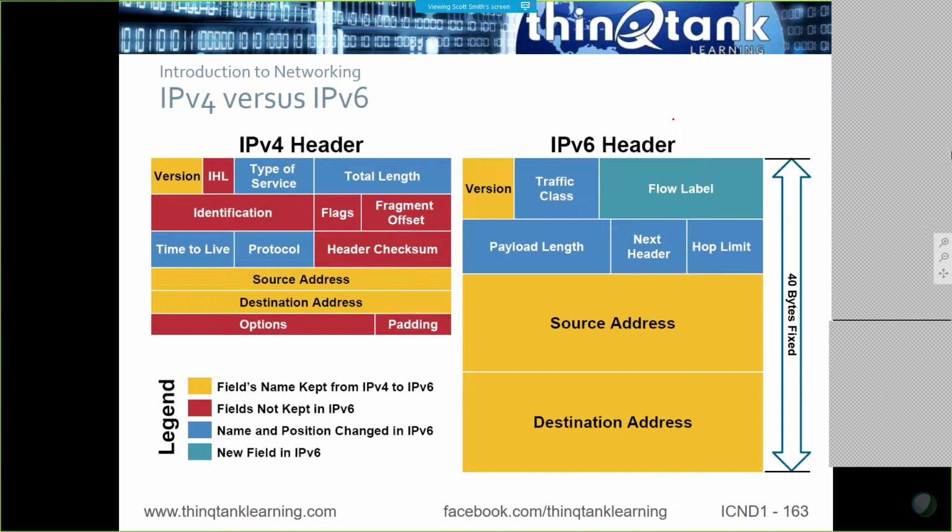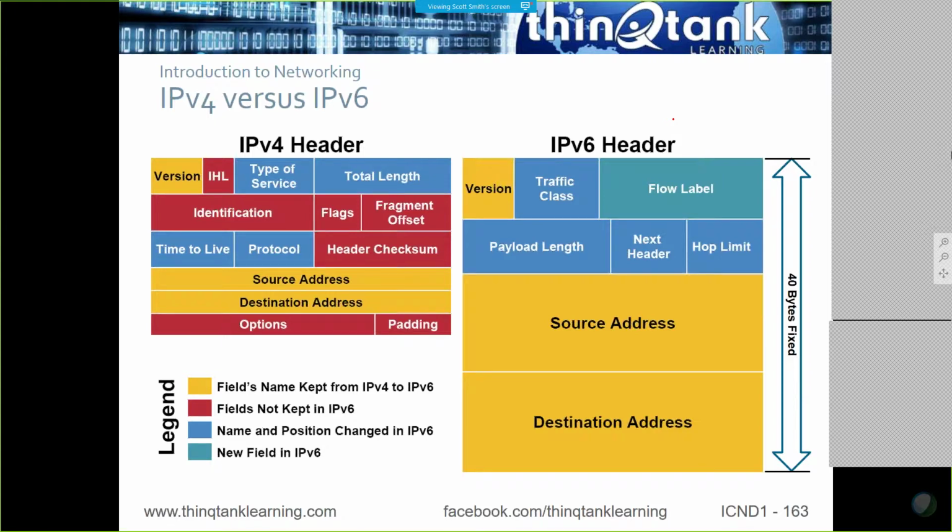So in IPv6, we don't care about the header. We're only identifying the payload size, which makes sense because the header's fixed. I don't care about the header length anymore because the header is fixed in length. Next header is my protocol field, and the hop limit is my time to live field. All of those blue fields do exactly the same thing as they did in the v4 header.